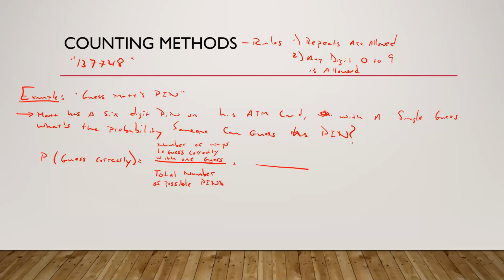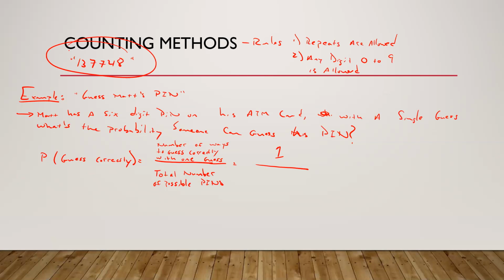So the numerator is easy. If you get a single guess, how many ways can you be correct with one guess? One way, that's it, just one way. You plug this number into the bank machine and it is the correct number. Again, that's not my PIN number.